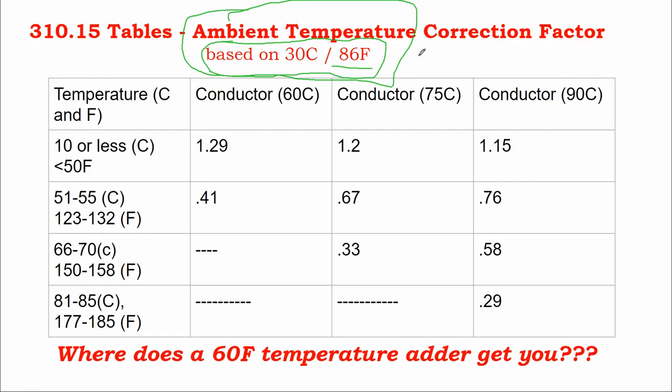If you do all of your calculations based off the chart that's at 86 degrees Fahrenheit, whenever you go into other tables that have to do with other kinds of ampacity derating, you might get different temperature ratings. You need to make sure you look up in that title and make sure your temperature is matching.